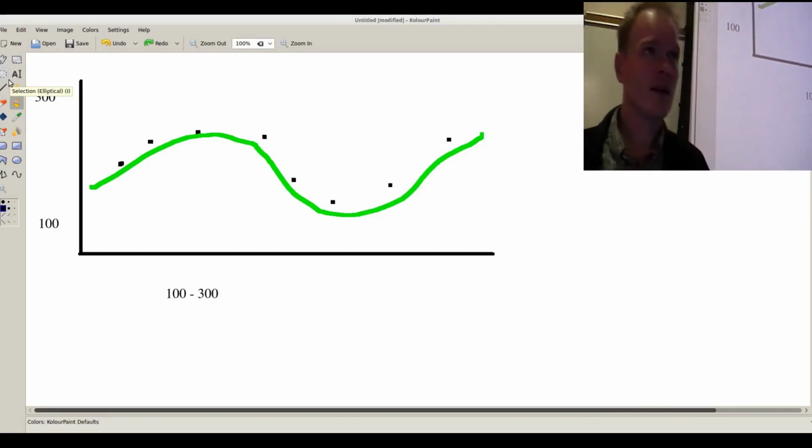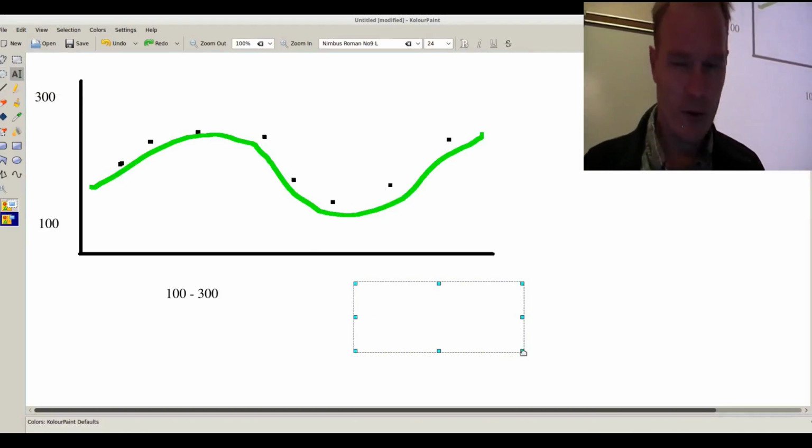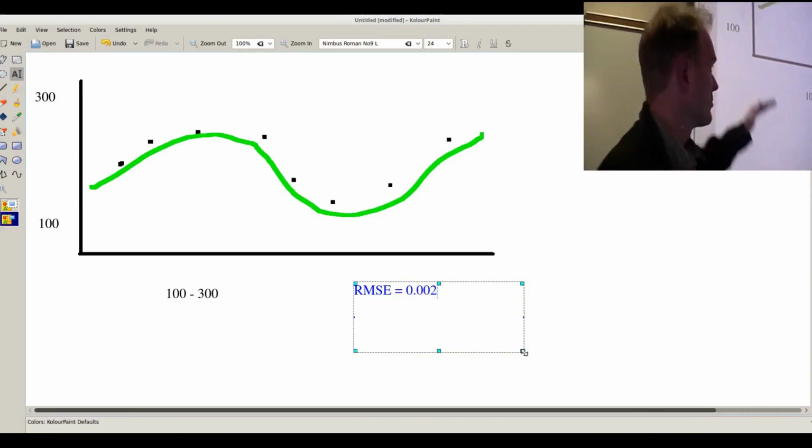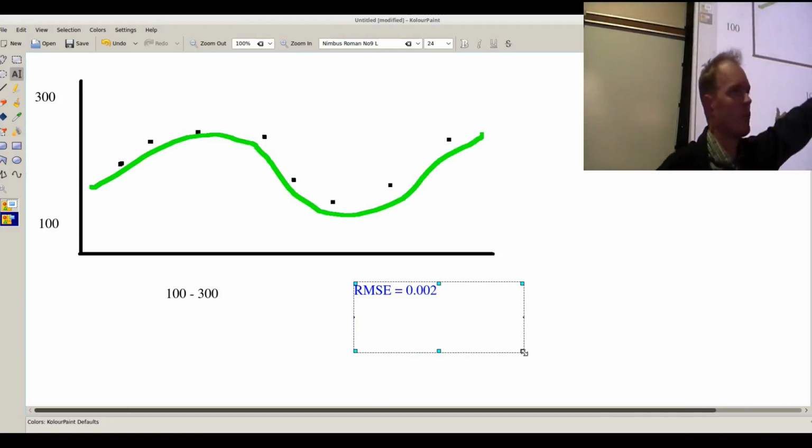What I'm trying to get at is, if you have a root mean squared error of 0.002 because you normalized the values to be really small, you did regression, you measured the error, well, that's a great number for comparison, but it doesn't tell you how far off you are on average in the actual problem.